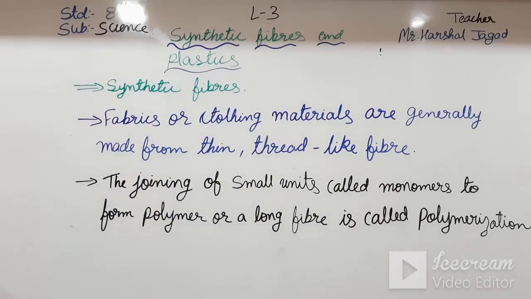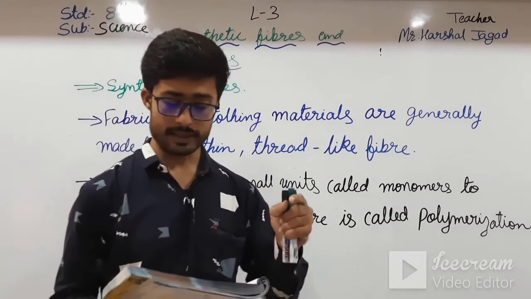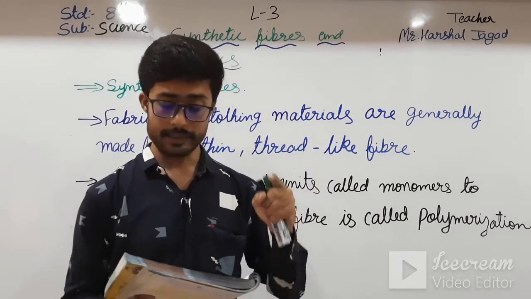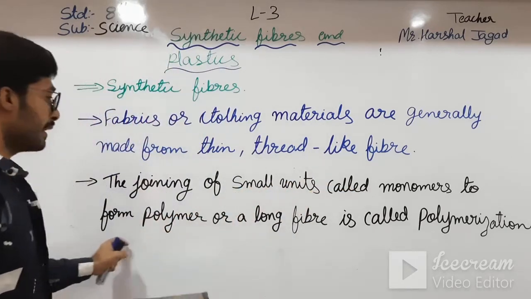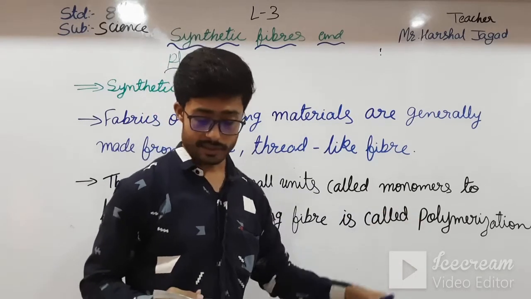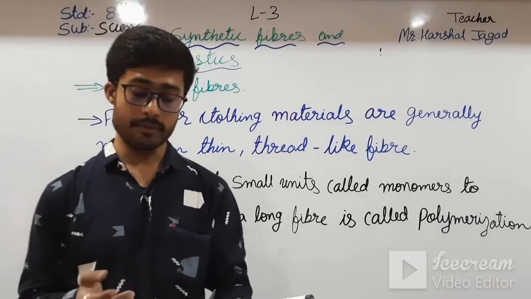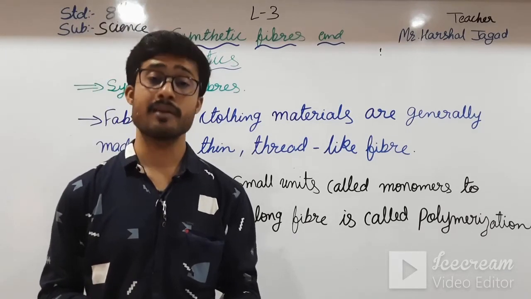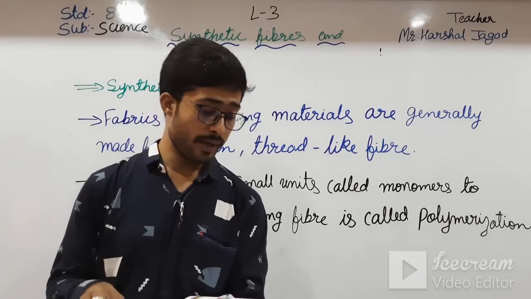See here in your textbook, the monomers are chemical substances that form a polymer. Poly means many and mer means unit. Many units of monomer are converted by the process of polymerization. Okay students, some of these fibers are given in picture 3.1 on page number 35.